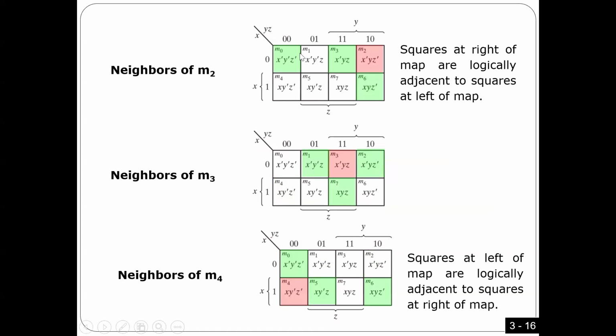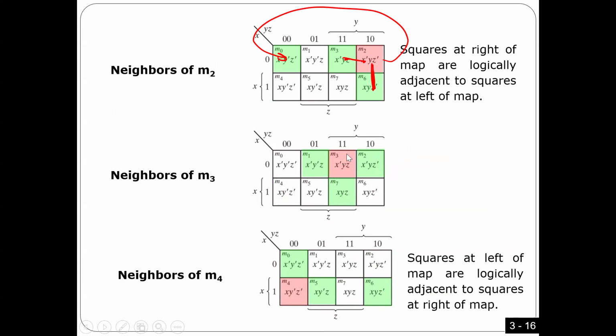Let's look at this one again. Here, look at this one, M2. So this is a neighbor here, this is a neighbor here. Any direct horizontal, direct vertical. Actually, this is also direct horizontal, because imagine it's like you roll it. Same thing here. Who are the neighbors of this one?